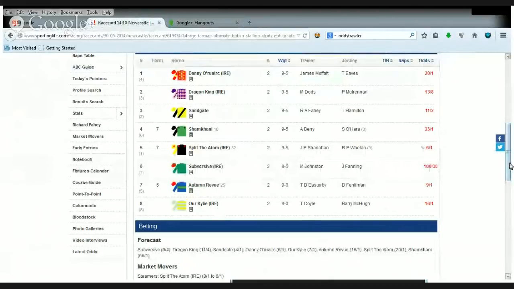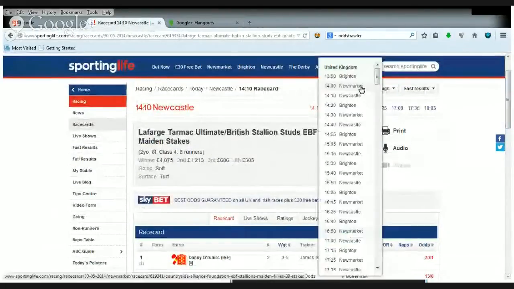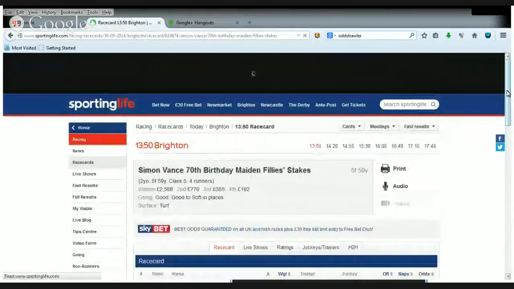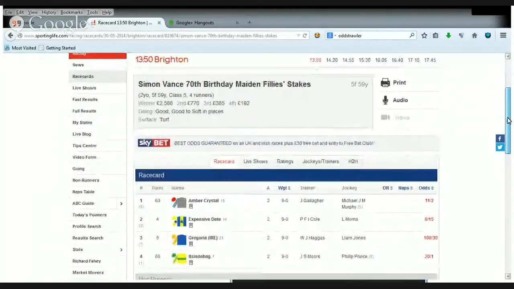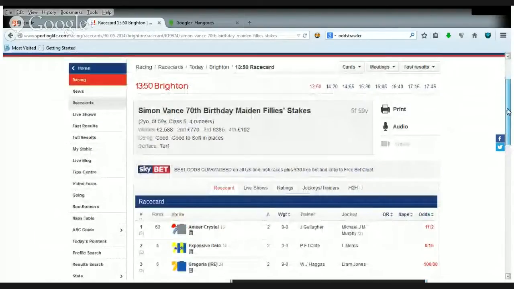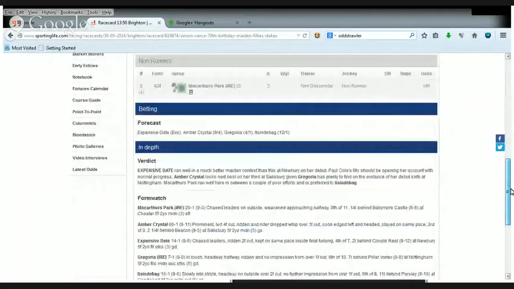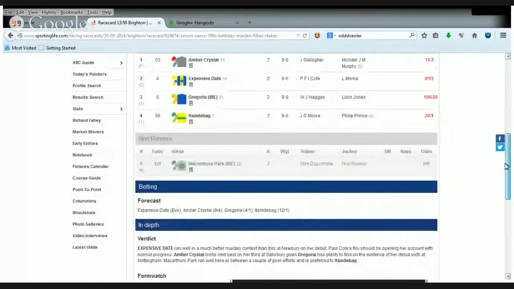Okay, so hopefully we are now live on the card. We go to 1:50. We are now at 1:50 Brighton. It usually shows at the bottom.